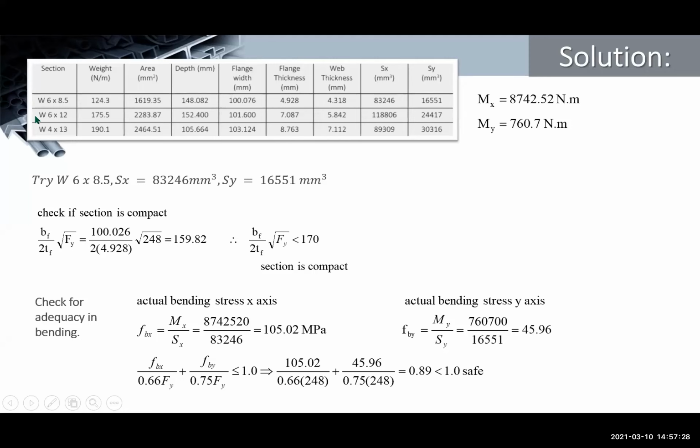So you don't need to check the second and third option because yung smallest section niya is okay na. So in this problem, ang gagamitin natin na purlin is the first option, W6 by 8.5. Since okay na siya, safe siya for the given loading. Okay, so that will be my last example for the purlin.